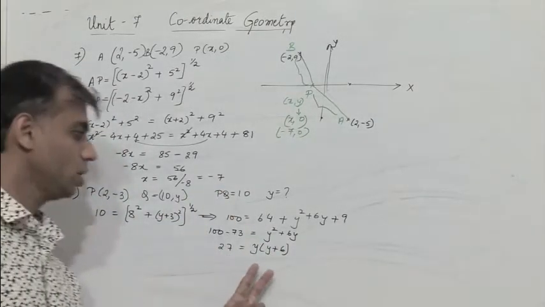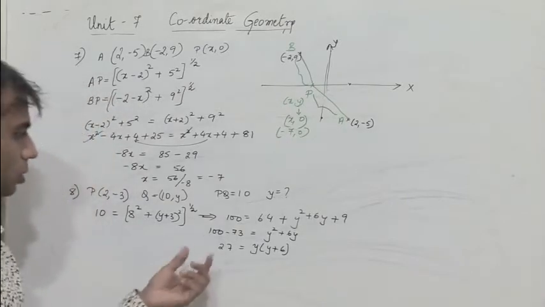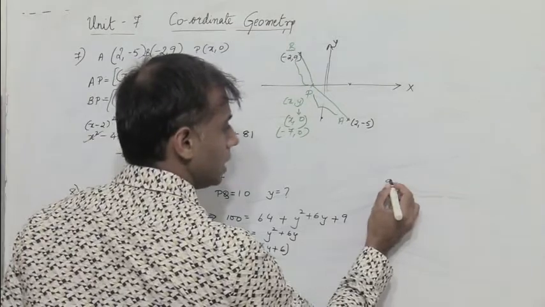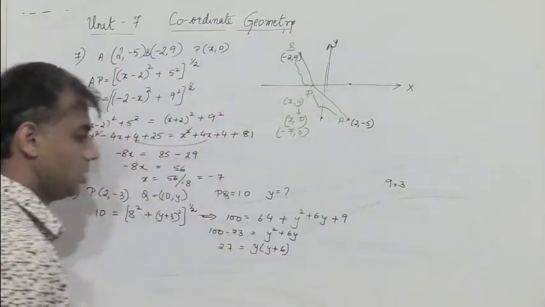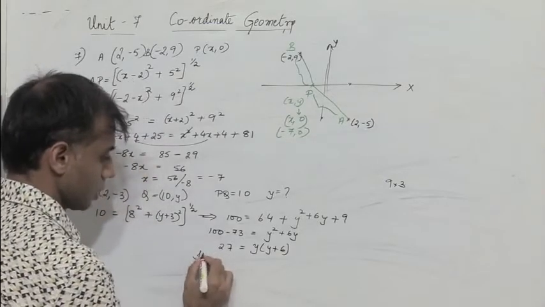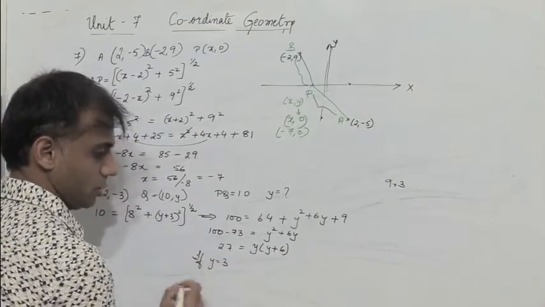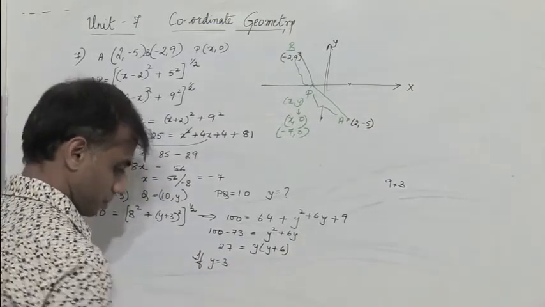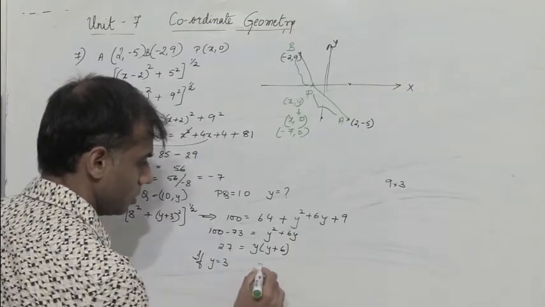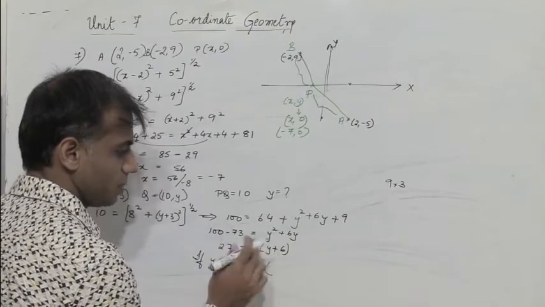So what could be the value of y? Now we know that 27 can be written as 9 into 3. If y equals 3, then I would get the first case, where I have 3 and 6 plus 3 is 9.